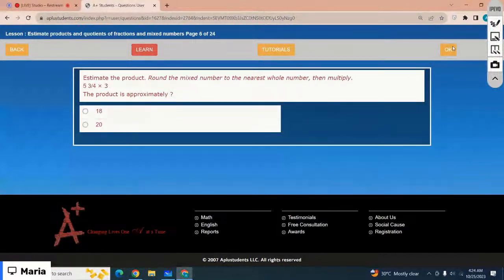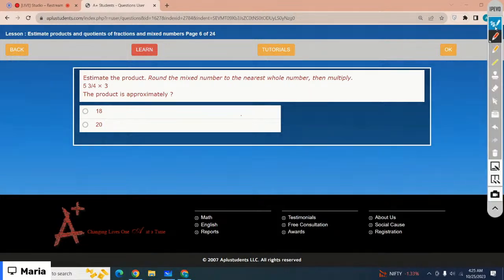Okay, 5 whole 3 by 4 times 3. So which is the correct option? 5 whole 3 over 4, right? 3 by 4 is more than half.